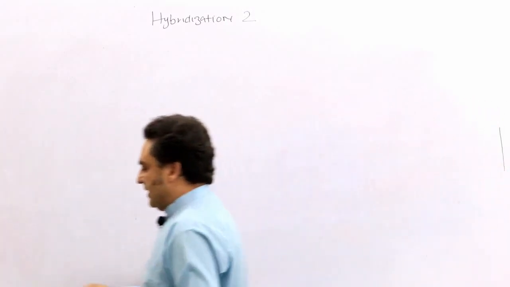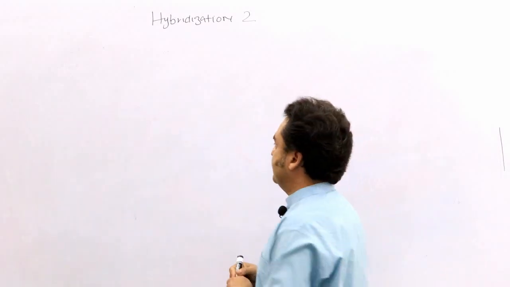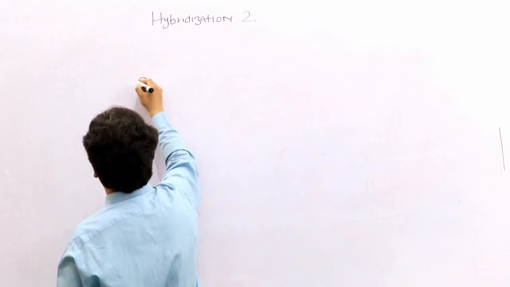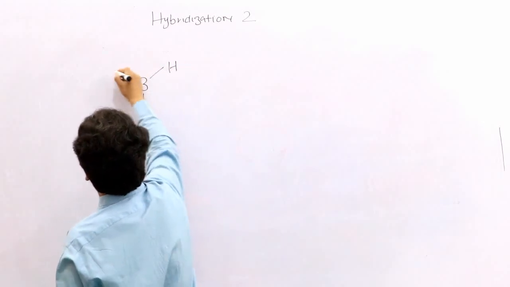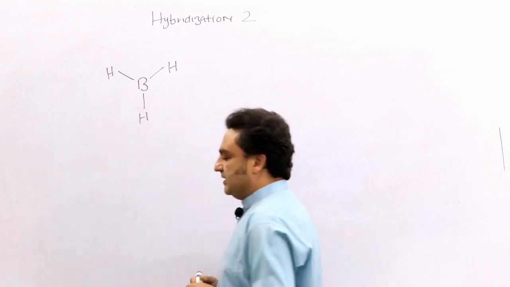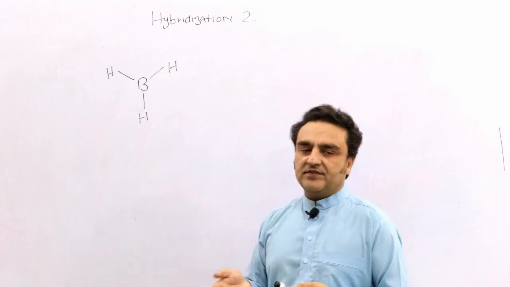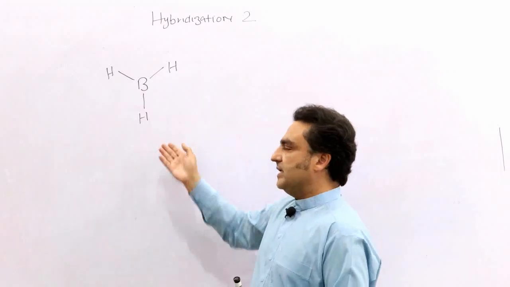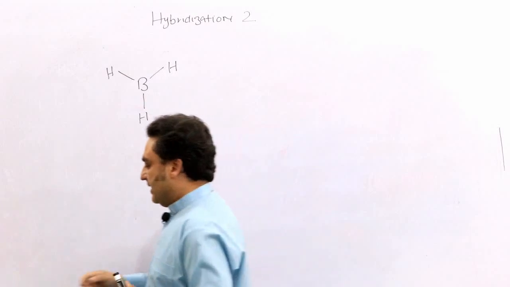Now, as I have also given an example of the BH3 molecule, and the majority of you who sent me messages have corrected it, because when you go to the boron electron configuration, you quickly know that it is sp2 hybridized boron.